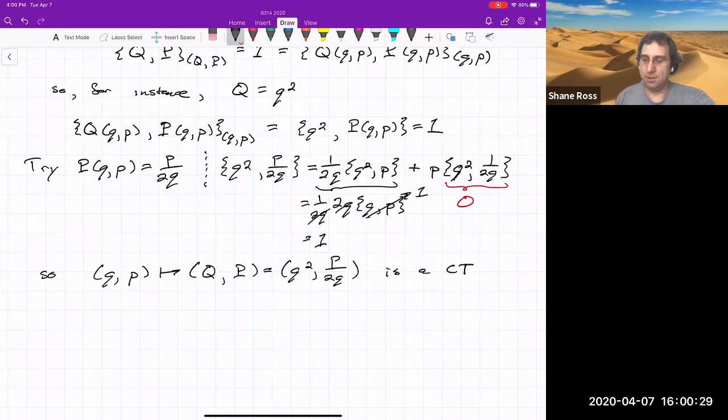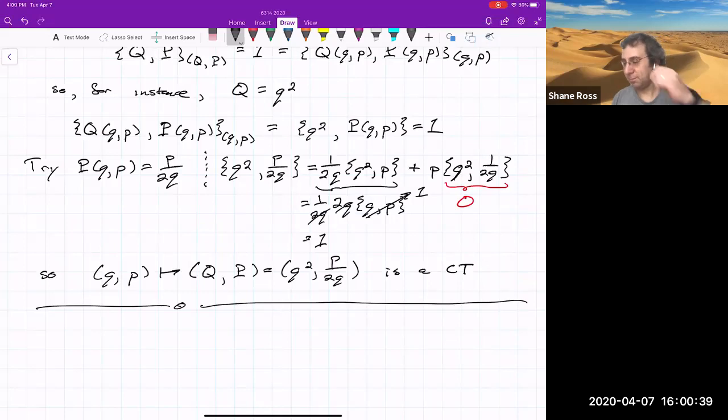So I wanted to mention that Poisson brackets are conserved under canonical transformations. I guess it might be worth noting here, canonical transformations are definitely tied to being a canonical Hamiltonian system. For non-canonical Hamiltonian systems, I don't know if there's a category of transformations that preserves the Hamiltonian structure, like a non-canonical transformation.